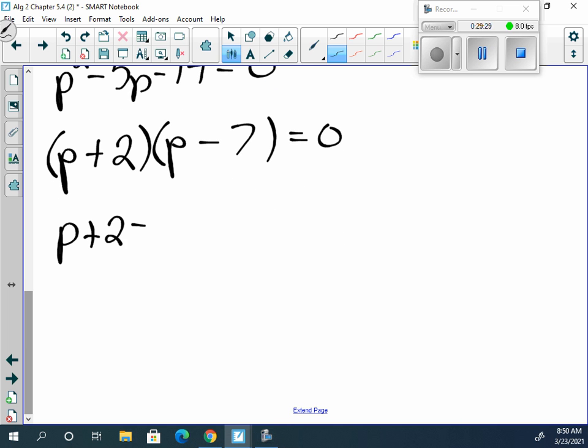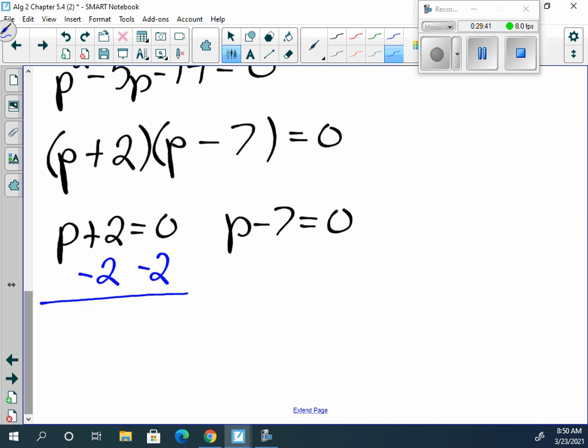Because both of these multiply together to equal 0, one of them has to be 0. So here we can subtract 2 from both sides and get that p is equal to negative 2.